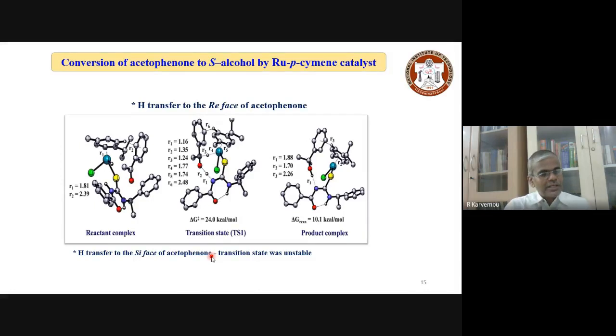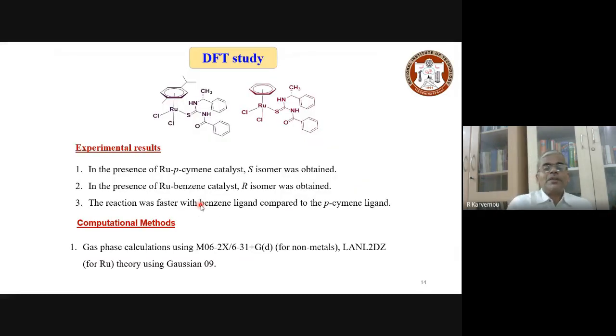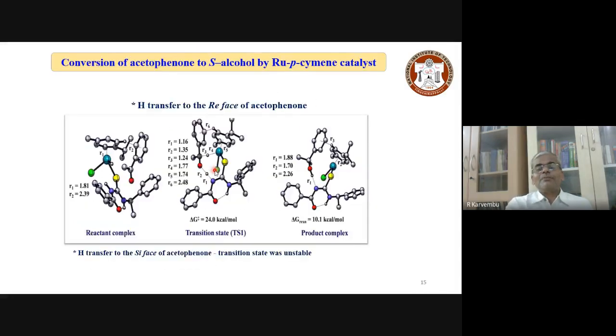It means it has very, very high energy, right? And because of that, si-face is not possible here. So re-face is favorable. So re-face leads to the S enantiomer when ruthenium p-cymene was used as a catalyst. Very basic contribution, but very interesting.